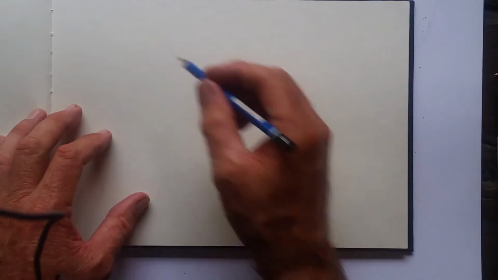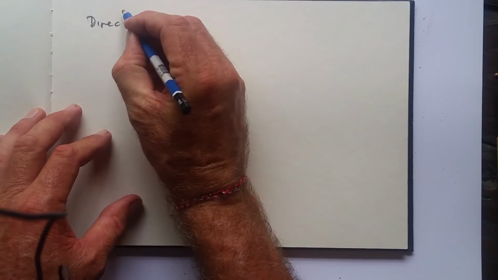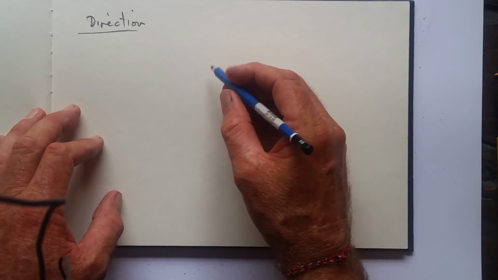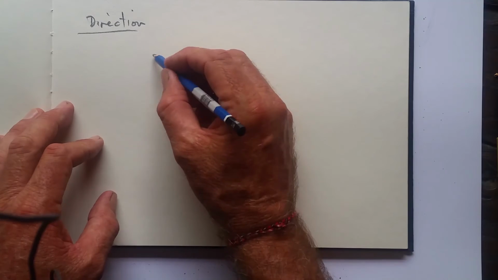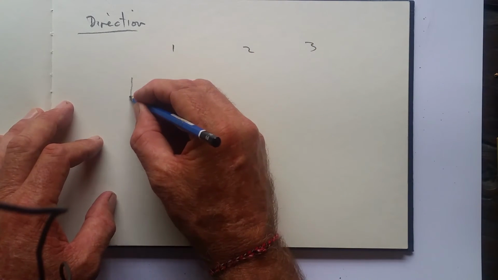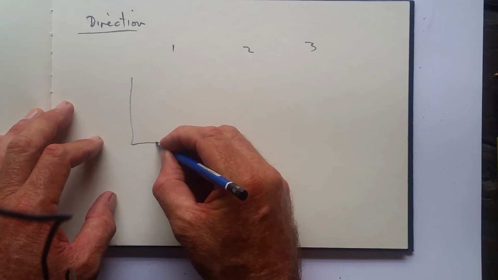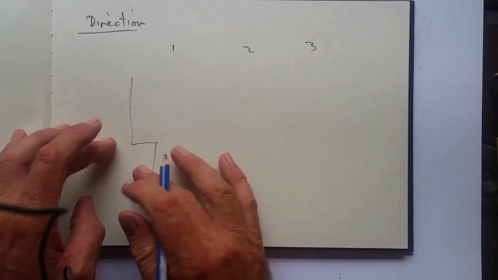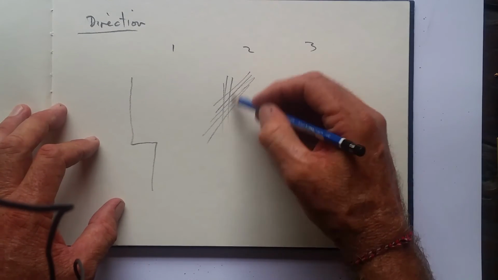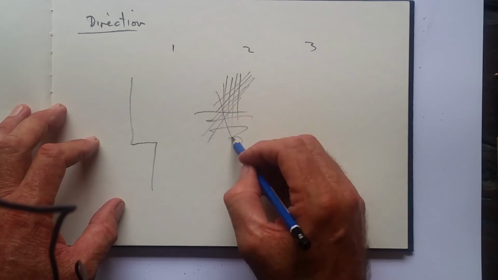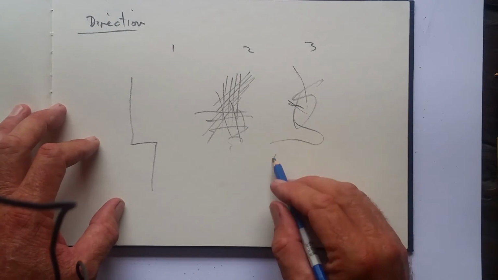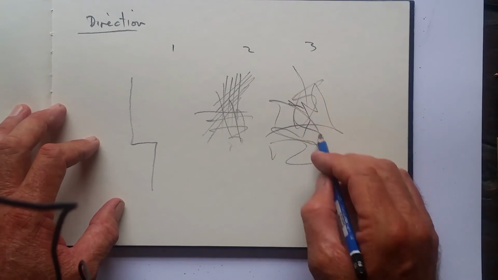And then the third one is direction. Okay, so you can change the direction, and I think of this as, again, 1, 2, 3. That's a single direction, and you change the direction, it's 90 degrees, it's very simple. Another direction is kind of like cross-hatching. You can get different things happening when you move the line around. And the other one, of course, is this kind of scribbling thing where the line is going in all directions.